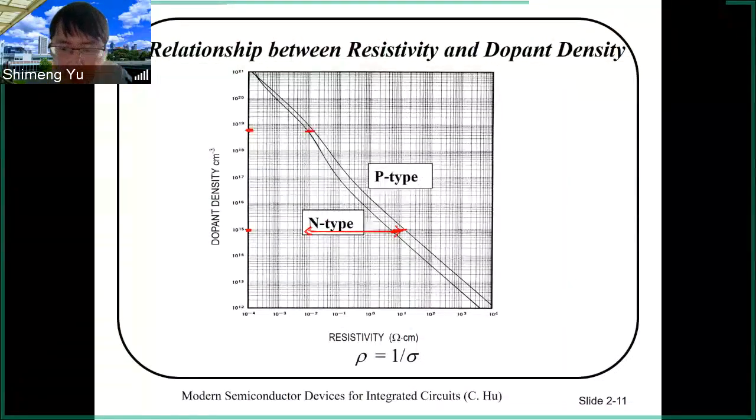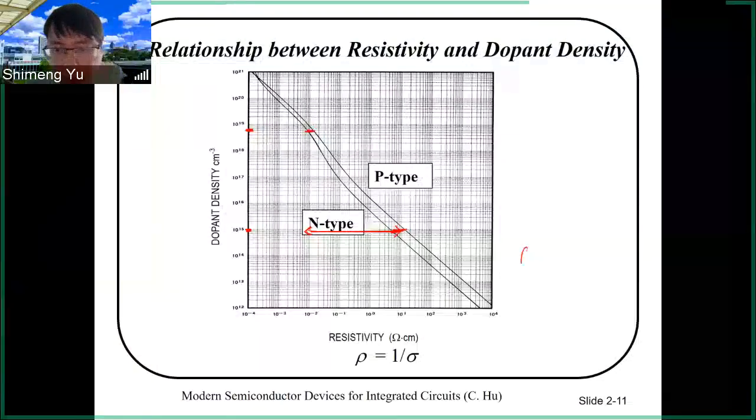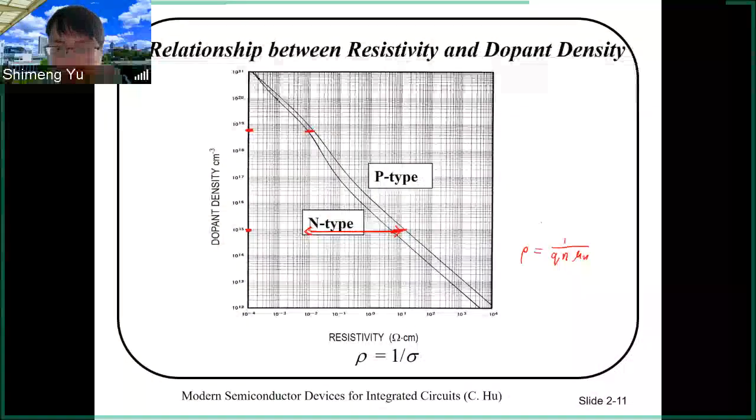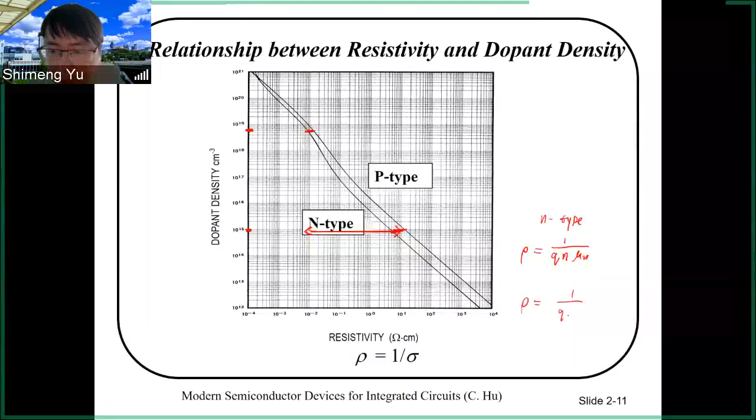And from the previous slide, you can derive that rho is 1 over sigma, and sigma for n-type is Q n mu n. This is for n-type. And for p-type it is 1 over Q p mu p.